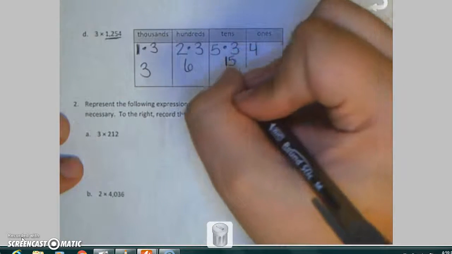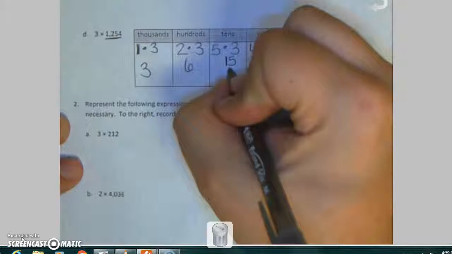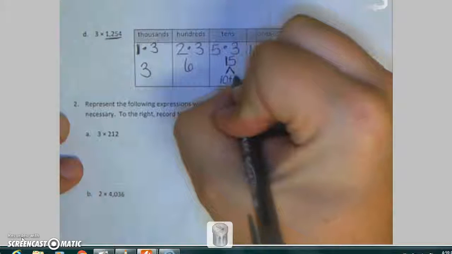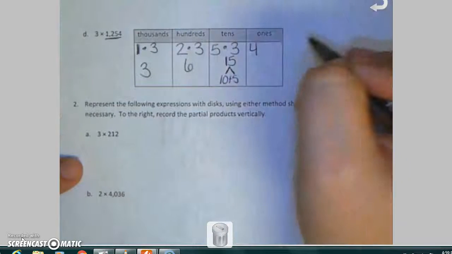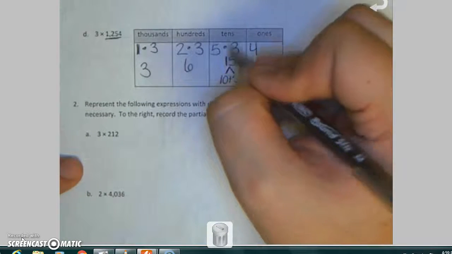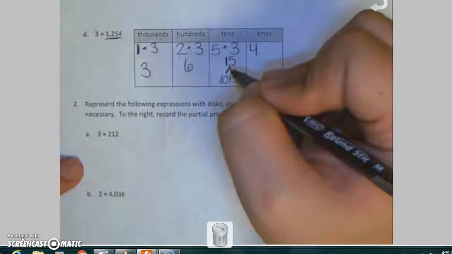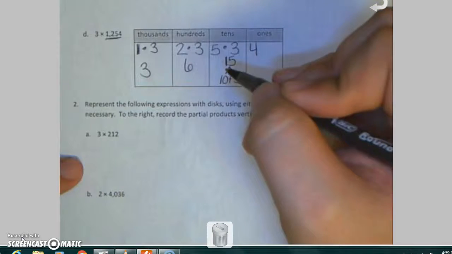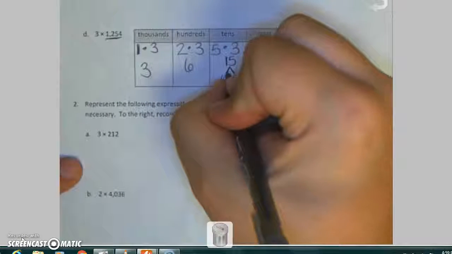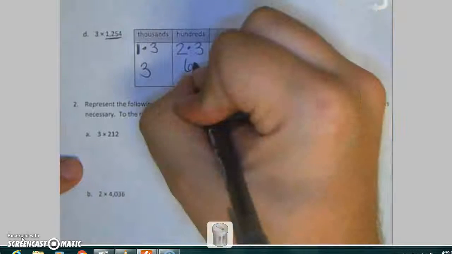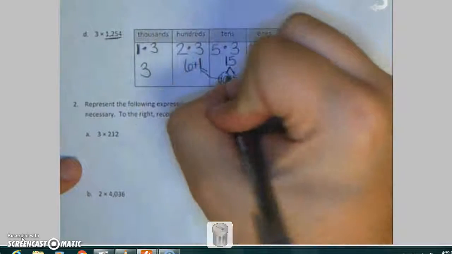Now I know that 15 tens, I can decompose, break apart, into 10 plus 5. The reason I do that is because I know that 10 tens make 100. If I had 10 $10 bills, I would have the same as one $100 bill. So I will take those 10 tens and make another 100. Now I have 700s.